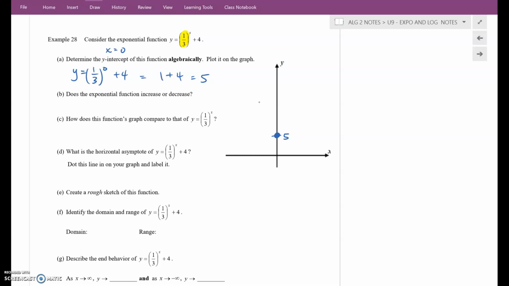It's going to be 1/9, 1/27th, 1/81st. Then that's going to get added to 4, so we're going to stay just slightly above 4. So maybe I'll rethink my graph and put my scale much higher, 1, 2, 3, 4, 5 as my y-intercept, and then I'll do a dashed line here for the asymptote. And again, this is a decreasing function, so I'm going to draw it like so.